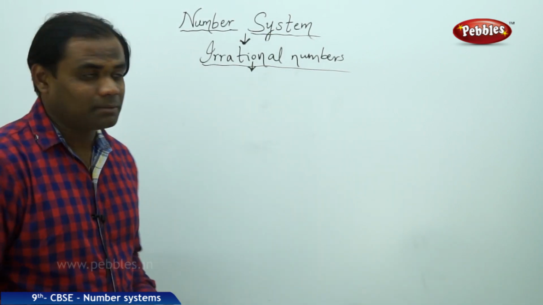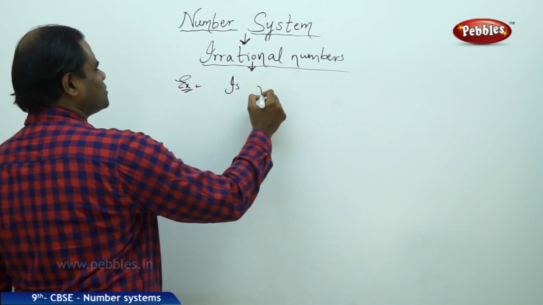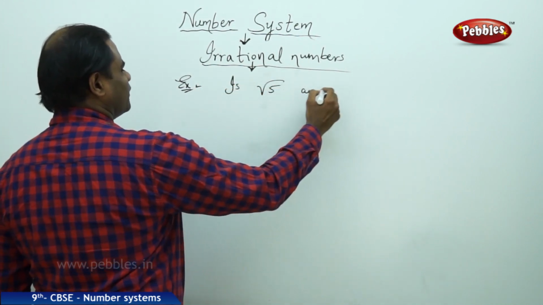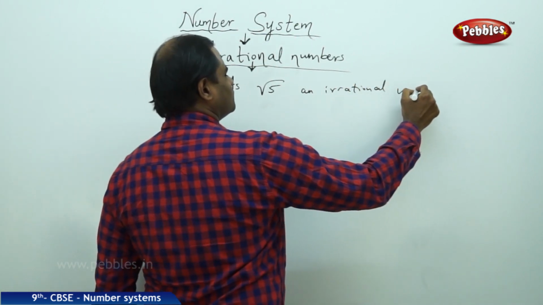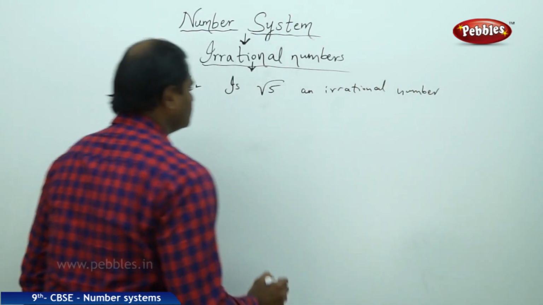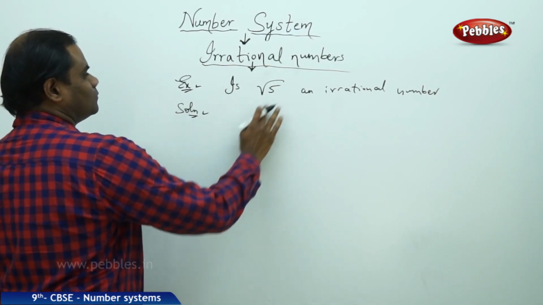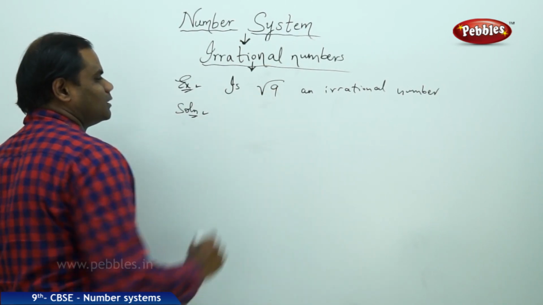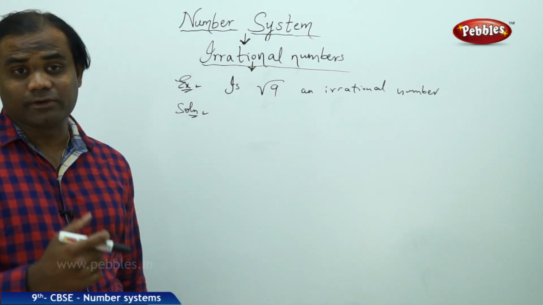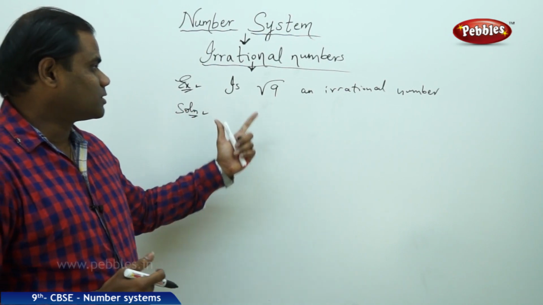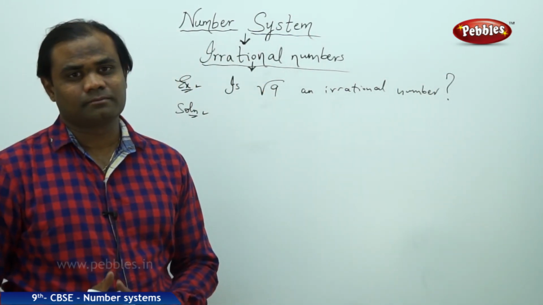So let's take an example problem which says, is root 5 an irrational number? Or I take root 9, because I just want to have an example which is not an irrational number. So my question here is, is root 9 an irrational number?